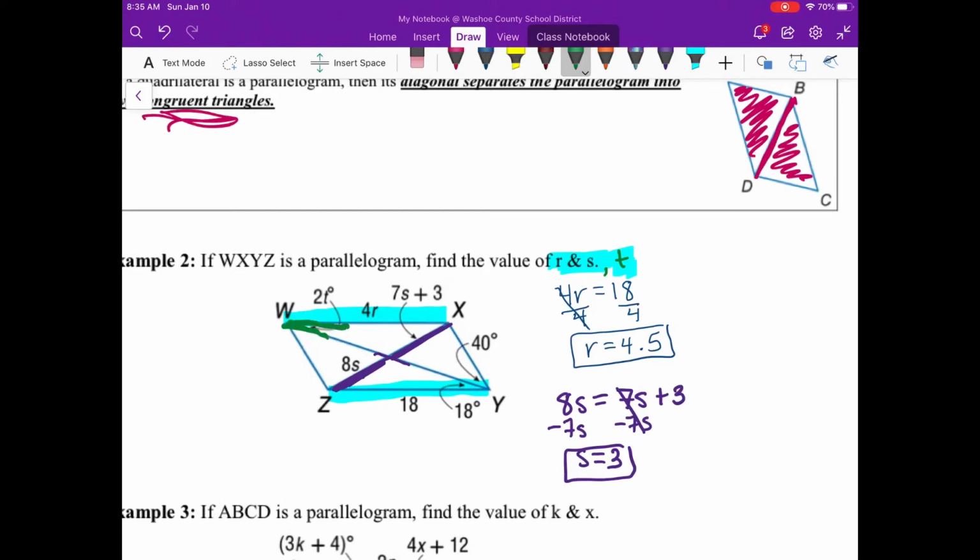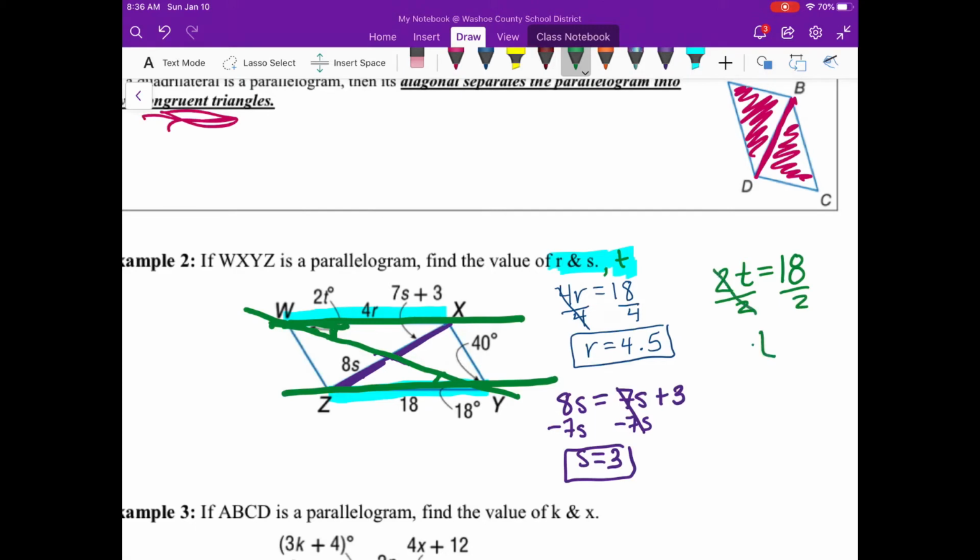And then the last one I added was T, even though it wasn't part of it there. But T we're going to find by this angle T. Because this is a parallelogram, let me draw that line again. These are two parallel lines. So if you think about semester 1, this would be a transversal. What's happening between this angle and this angle where 2t is, these are going to be alternate interior angles, and alternate interior angles are congruent to each other.